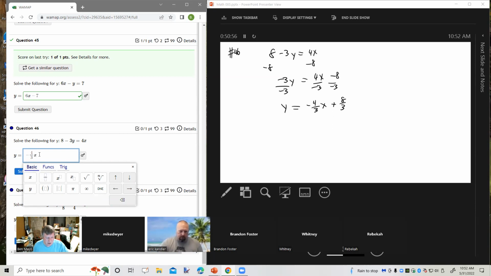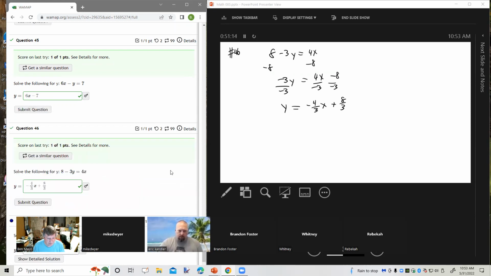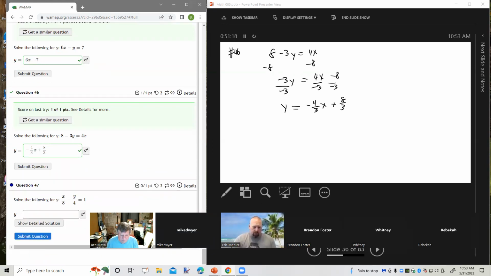Either way, not out front, but out at the rear there, okay? And then plus 8/3. Any questions about how I submitted that? Okay, and then let's see here. Gotta move this out of the way to see the problem.